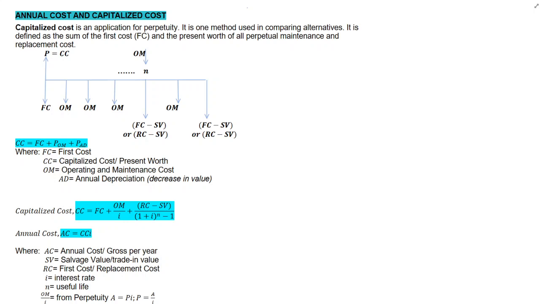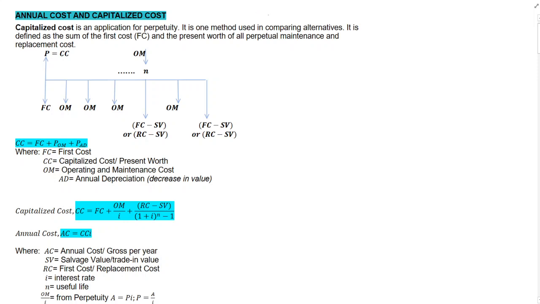So we have here also the annual cost. Annual cost is an expense that is added to the cost of a fixed asset, or that is the account or fixed amount. So there's a difference between the capitalized cost and annual cost.